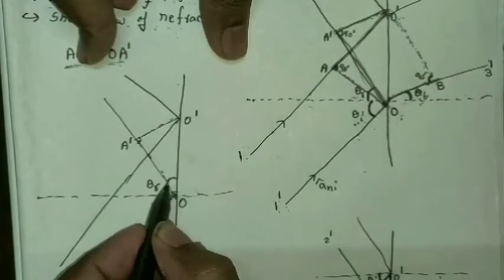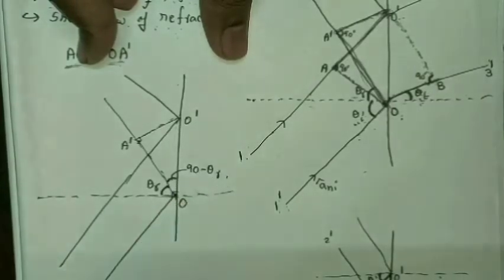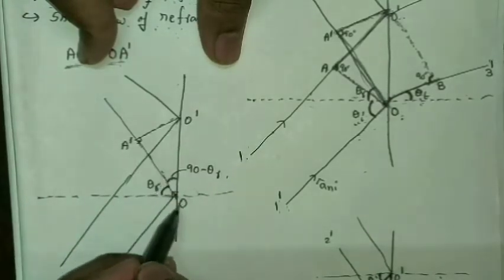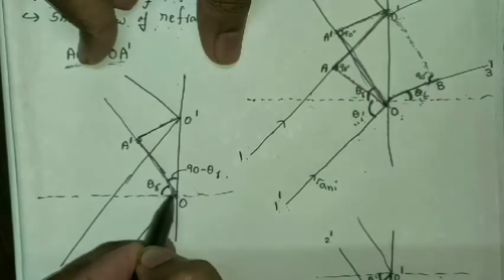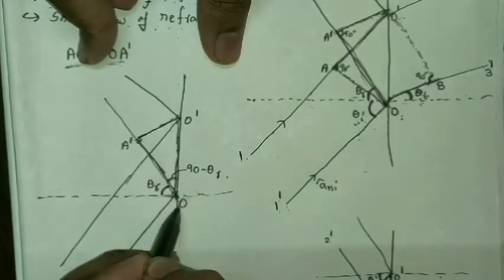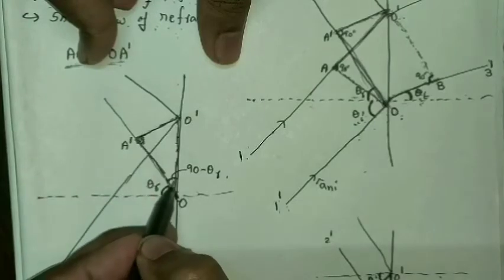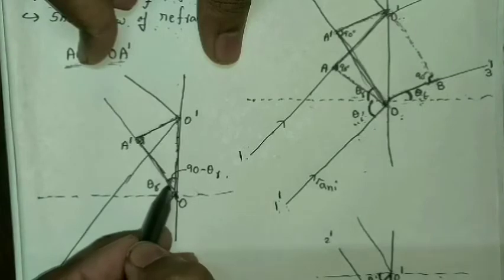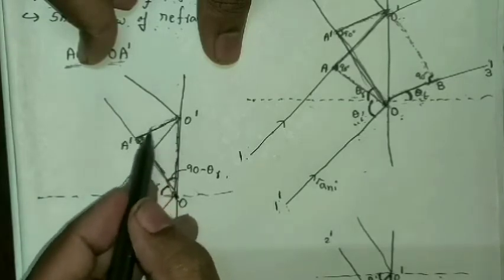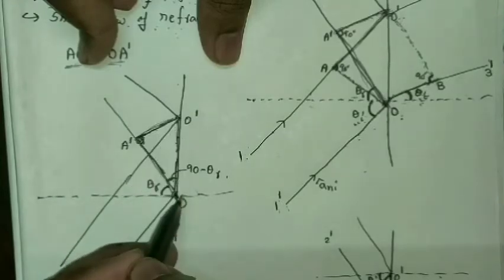Now this angle is nothing but 90 minus theta R. So in this entire triangle, this is 90 degrees, which forms a right angle triangle, in which this is the opposite side, this is the adjacent side, and this is the hypotenuse.